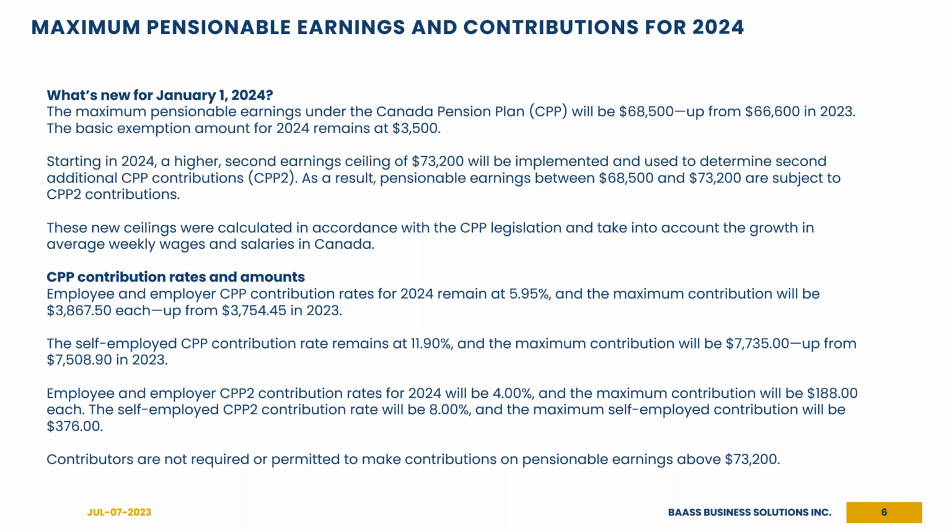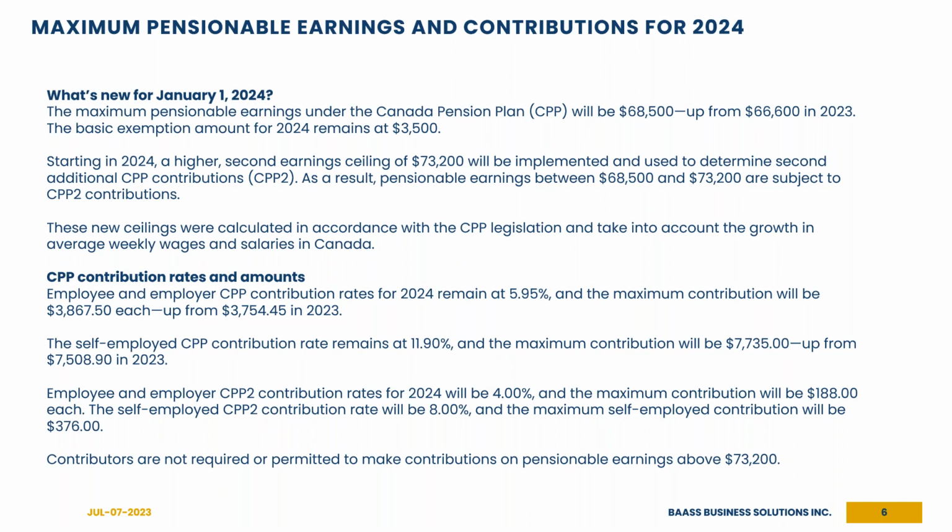The self-employed CPP contribution will also remain the same at 11.9%, and the maximum contribution will be $7,735, up from the 2023 amount.